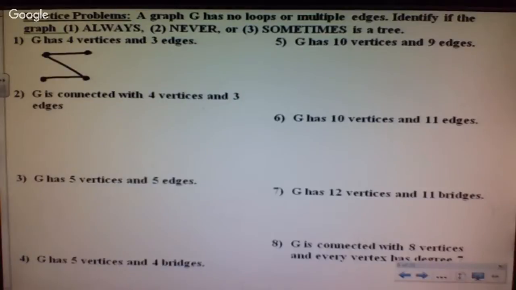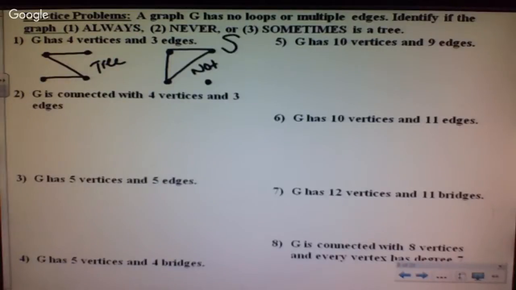But take a look at this. I can also do this, though. It says 4 vertices and 3 edges. That's 4 vertices and 3 edges, but it ain't connected. Is that a tree? Nah. No. So it's sometimes.